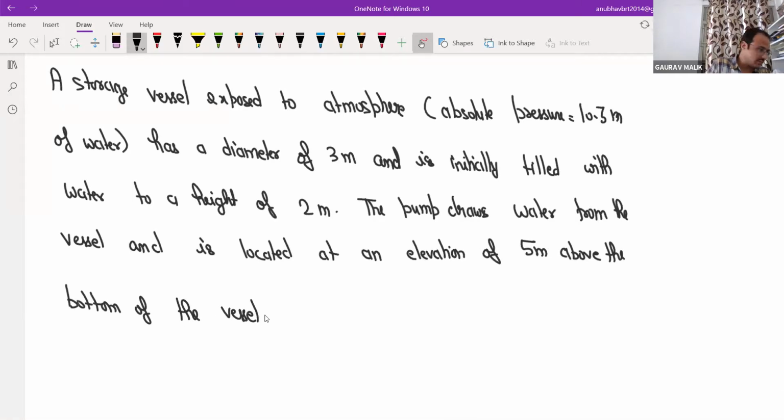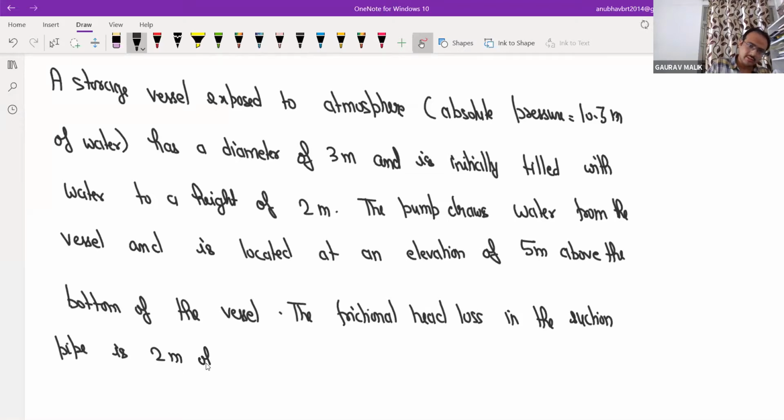The frictional head loss in the suction pipe is 2 meters of water.